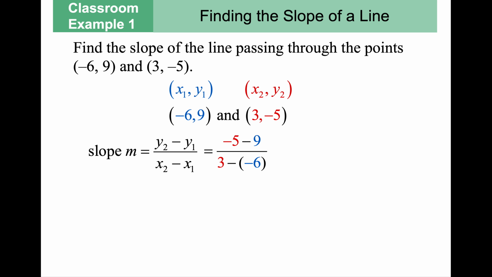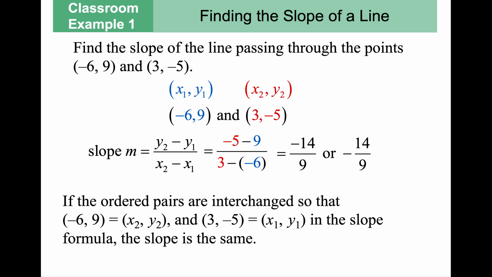If you struggle with negative values, you can use the Web 2.0 calculator and type in -5 minus 9. That's okay. It might take a little bit longer, but I really want you to get the right answer. So we get -14 over 9, which means that the line is going to go down 14 and to the right 9 on each one.